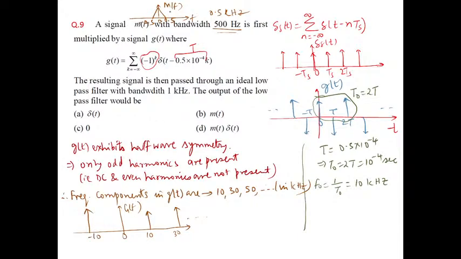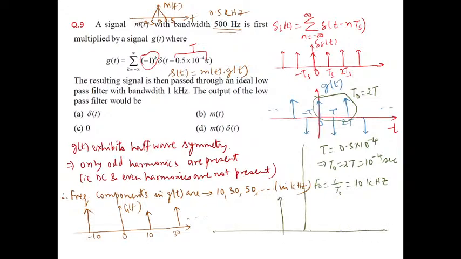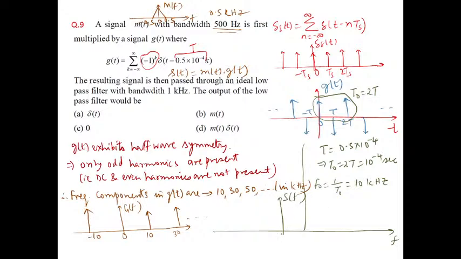Now, when we convolve M(f) with this G(f), let us assume that the function is s(t). s(t) is equal to m(t) into g(t). So what will be S(f)?